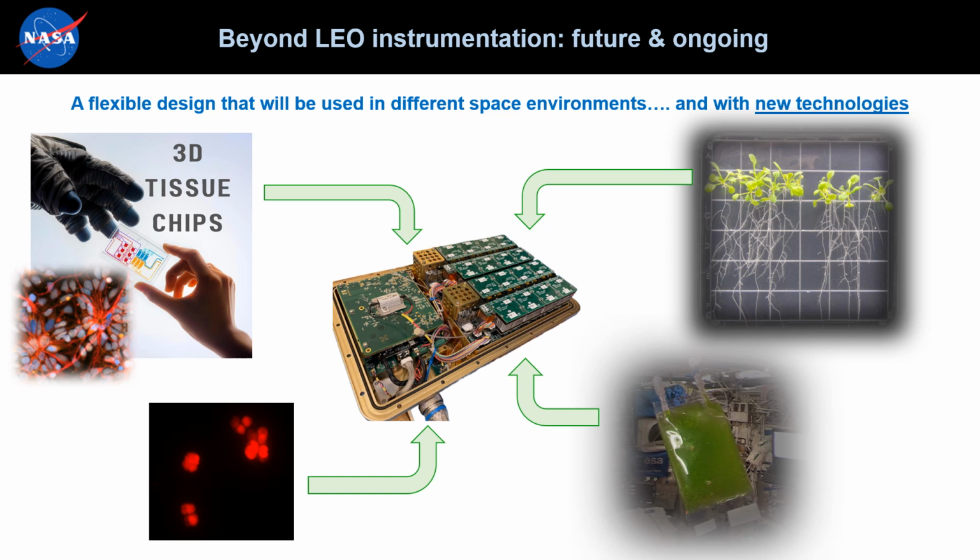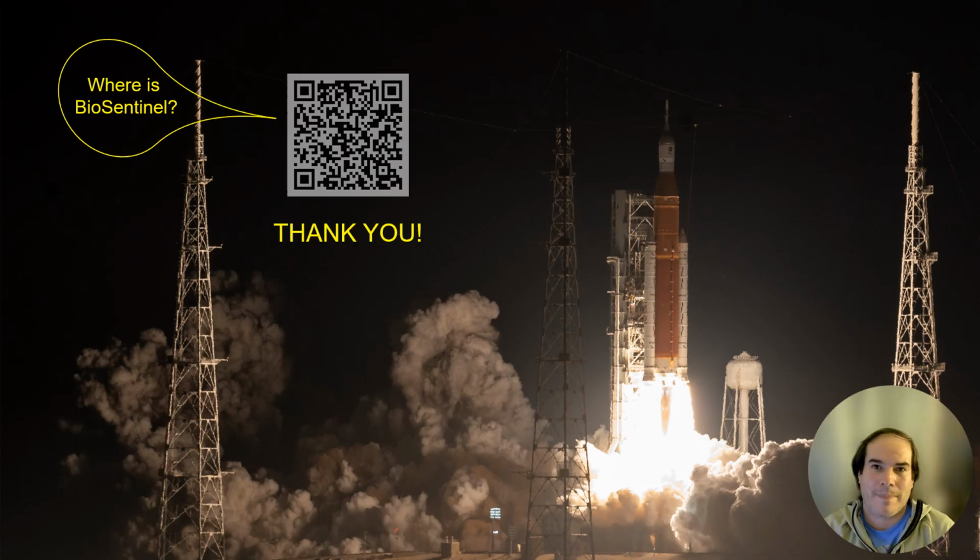For example, we know that we can use this biosensor instrument to grow plants in fluids. We can also grow algae, cyanobacteria, and we're trying to figure out ways that we can even extend this to be able to do organoids or human cells. Some things need to change, but the idea is always the same, trying to use the same type of system so we don't have to keep changing again and again, that we can use it in many different types of planetary bodies or satellites or a lunar surface, etc.